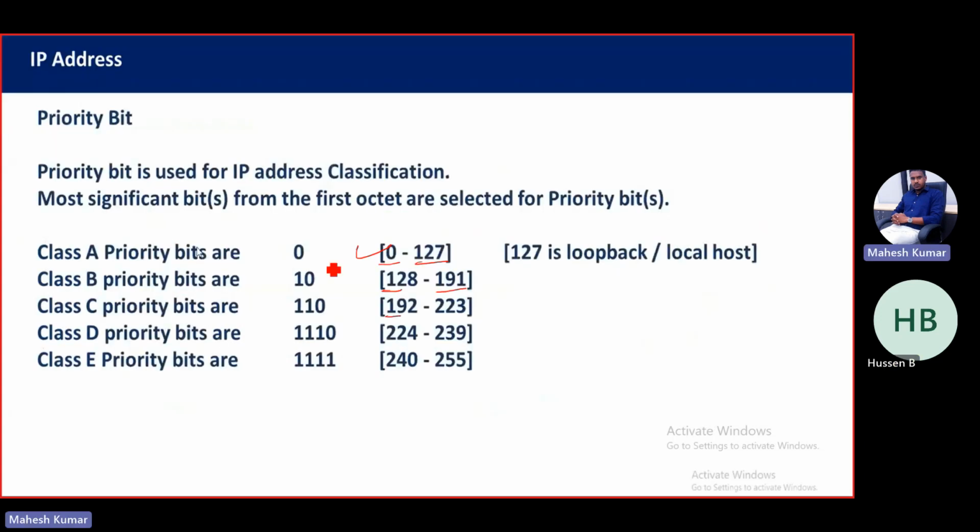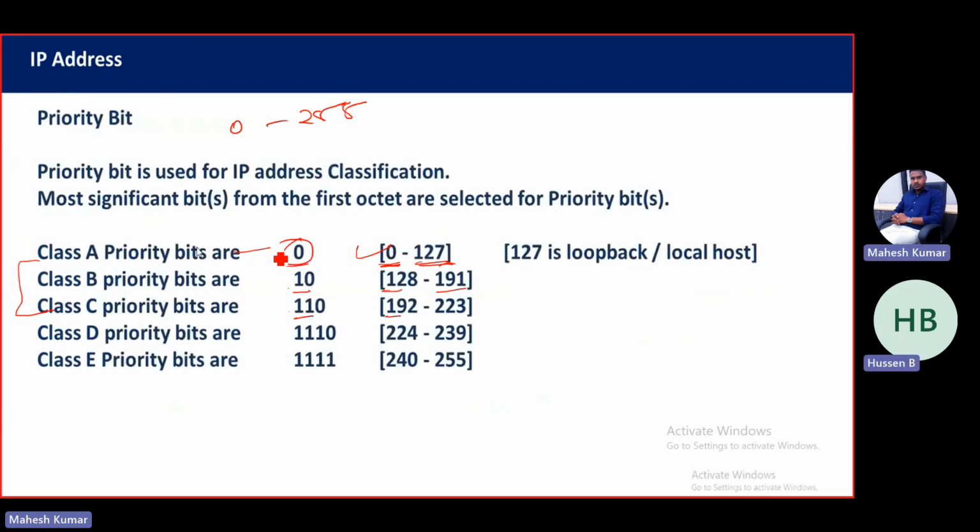So here the entire range 0 to 255 is divided into some classes. These three classes we are going to use. 0 to 127 is the first, and the second one starts at 128. Why is 0 used, why is 1 used here, why is 11 used here?